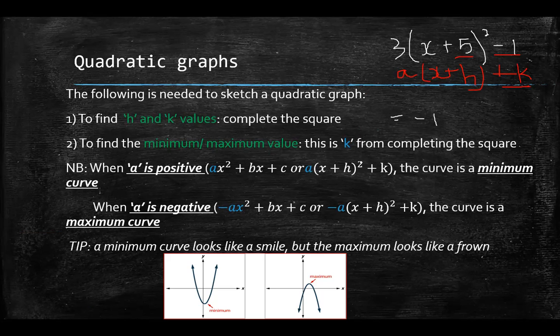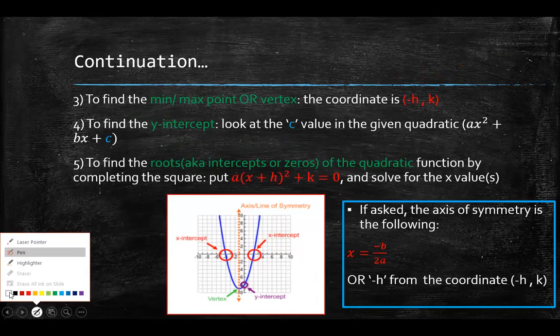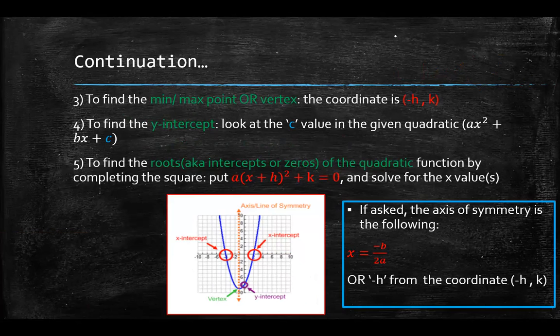So everybody understands how to find the minimum or maximum value? Yes, miss. Cool. So, the minimum or maximum point. In part A, you have to complete the square. This is my completed square form, (x plus 5) squared minus 1. In the second part, they tell me to find the maximum or minimum point.